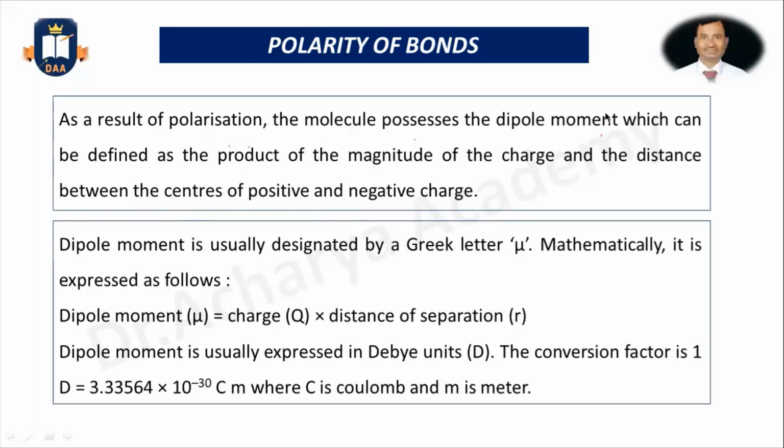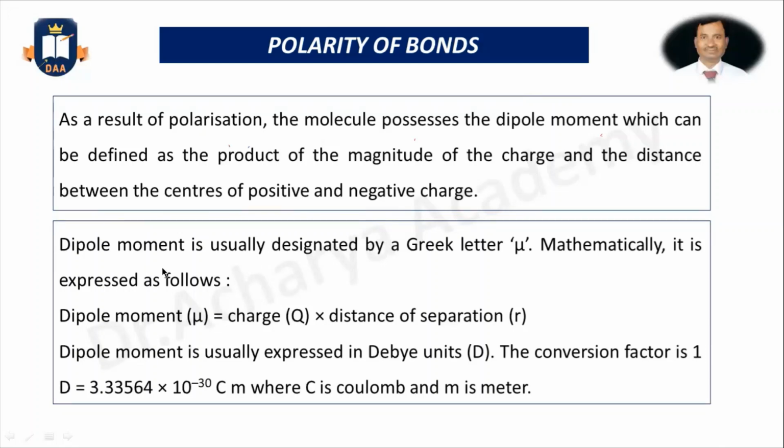This dipole moment, which is the measurement for polarization, is the product of two parts. One is the magnitude of the charge and another one, the distance between the centers of the positive and negative charge.